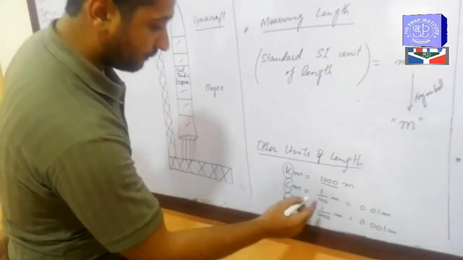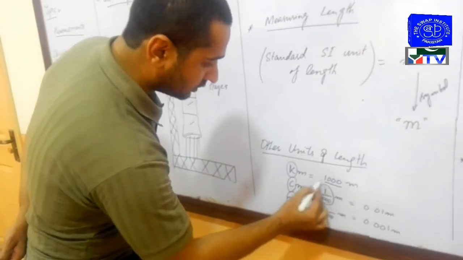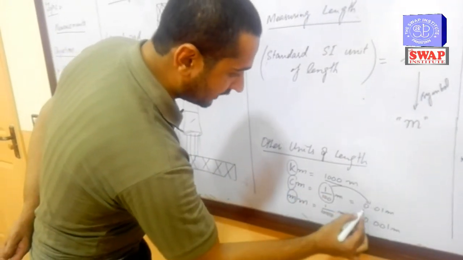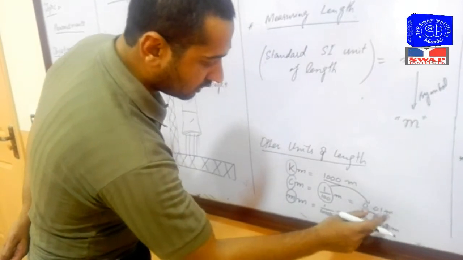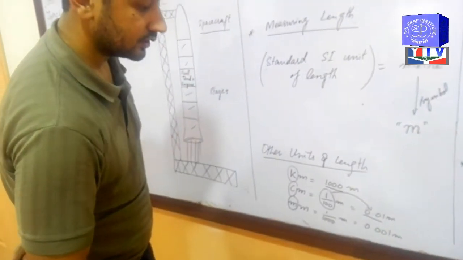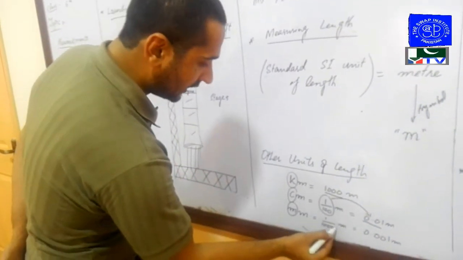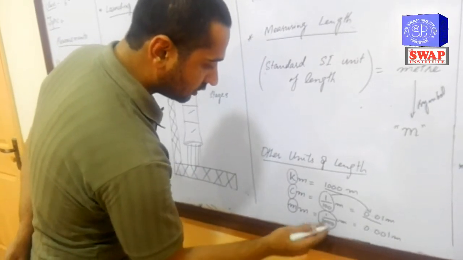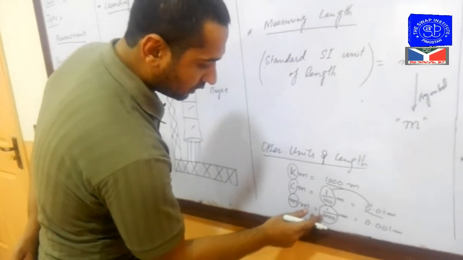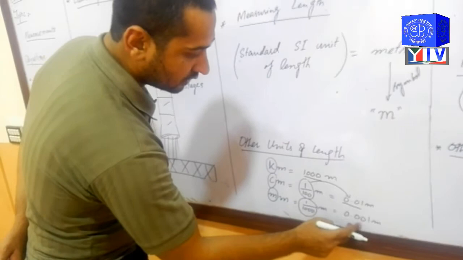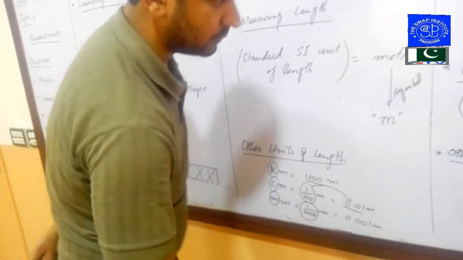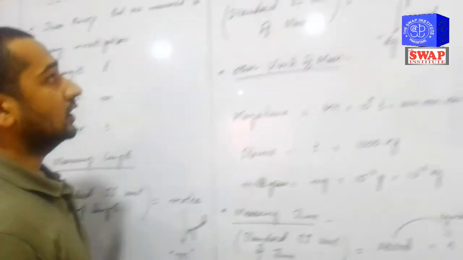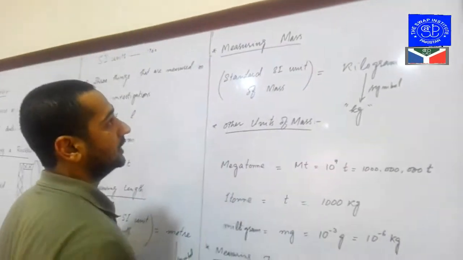Calculating this value, we will get 0.01 meter, and by calculating 1/1000, we will get 0.001 meter.